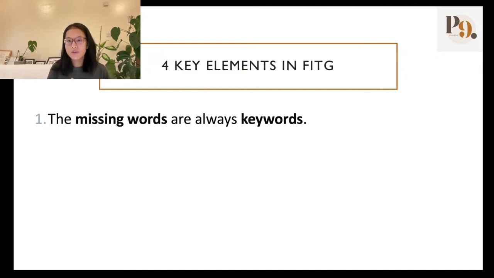What are keywords? Can anybody tell me what keywords are? Like your understanding of a keyword. How do I know if a word is a keyword in a sentence? Can anybody tell me?